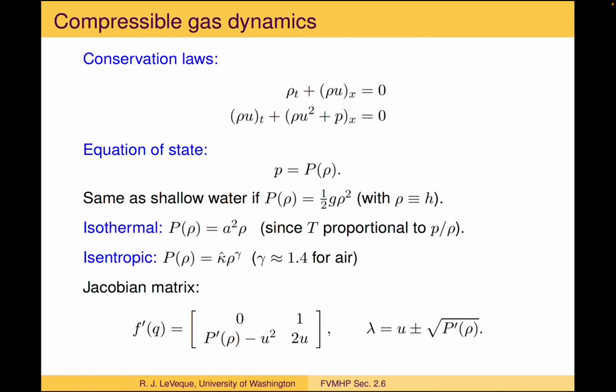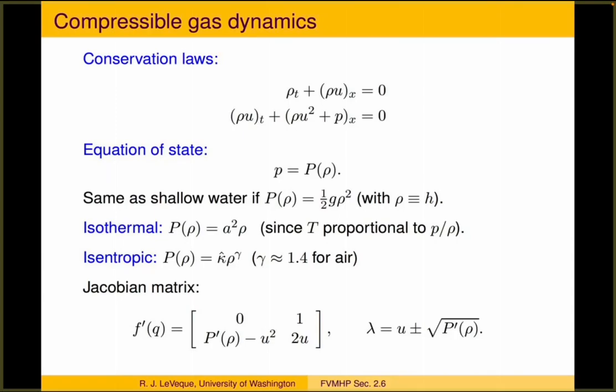Recall that back in Chapter 2 we looked at compressible gas dynamics a bit in the context of the system of conservation laws for density and momentum alone, assuming that the equation of state could be written as pressure as a function of density alone.